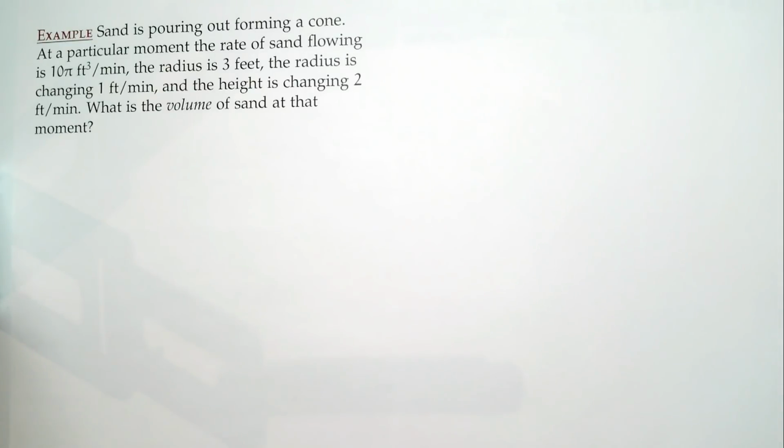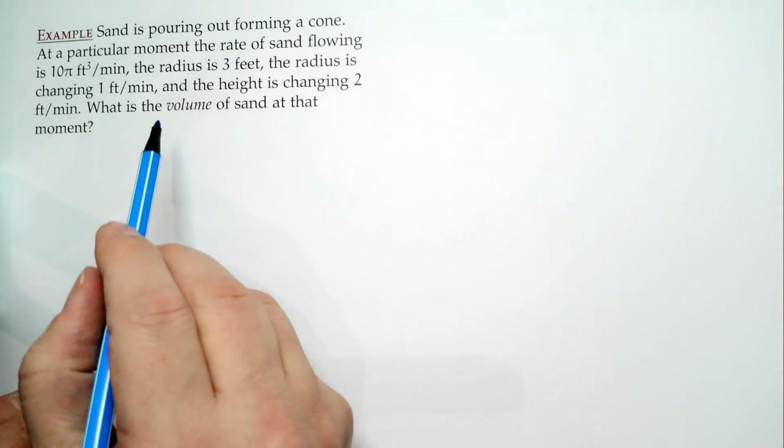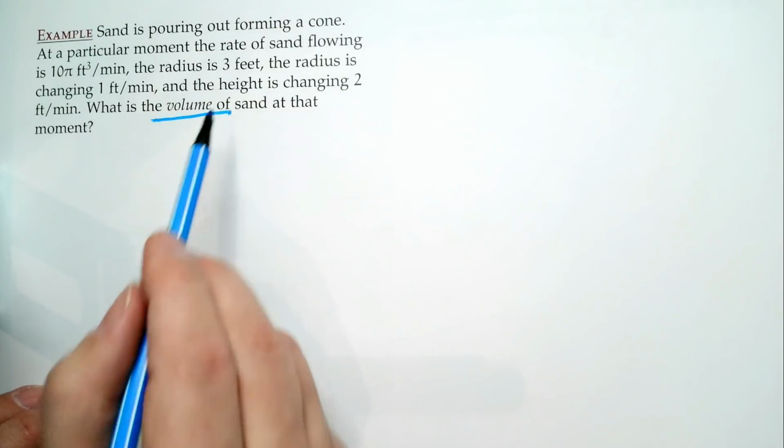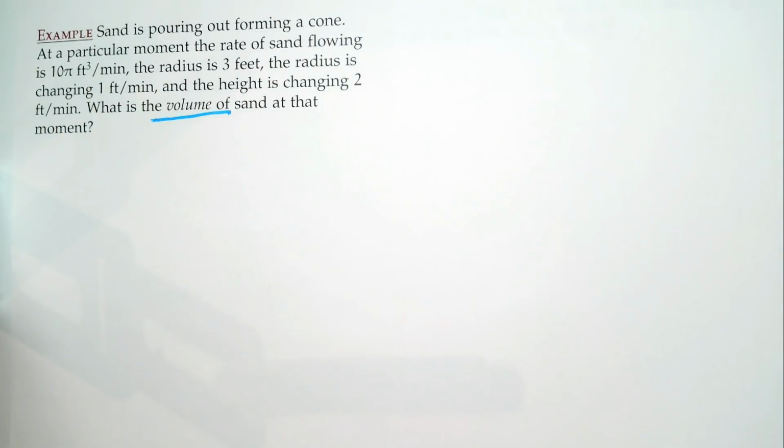What is the volume of sand at that moment? All right. Well, what are we looking for? Volume of sand. We know that because we're told, what is the volume of sand? Okay, so I'm looking for a volume.